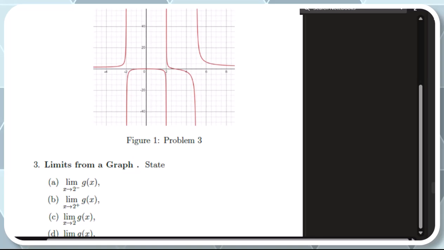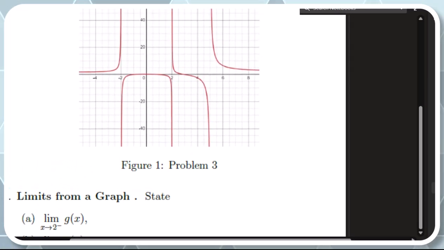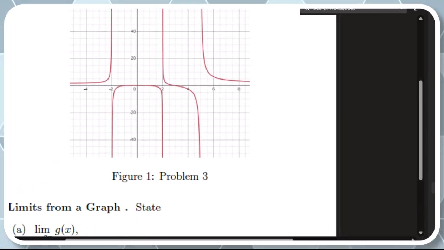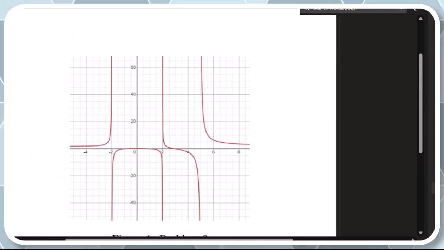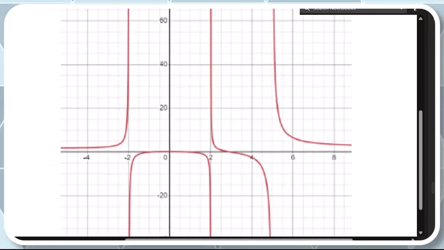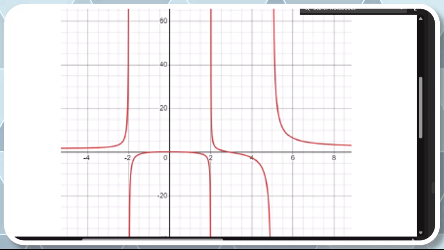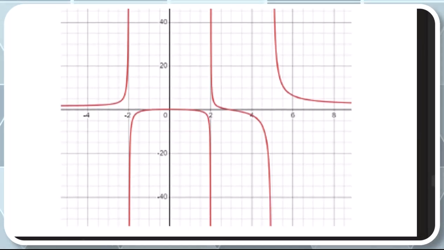Okay, so this next question asks us to evaluate some limits from looking at the graph. The first one says the limit as x approaches 2 from the left. So what you want to do is you find where x equals 2, which is right here.